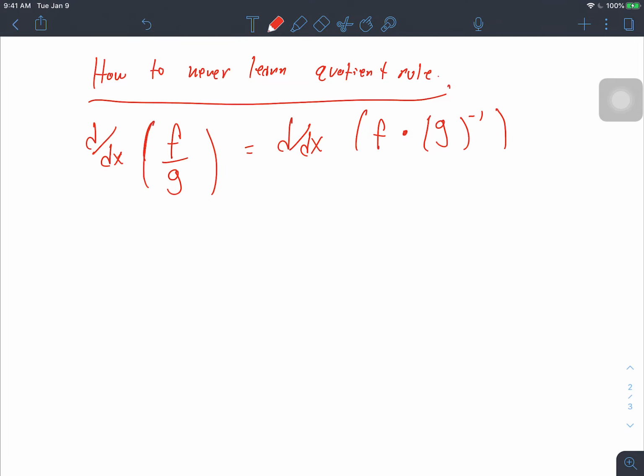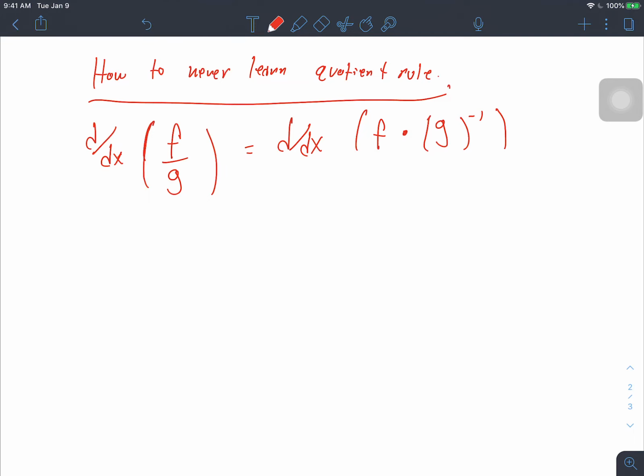Because we can write f over g as f times 1 over g, right? So if we have this thing on the right-hand side here, this is just a product of two functions. The left-hand function f, I know how to take the derivative of. And the right-hand function g, I also know how to do the derivative of using the chain rule.